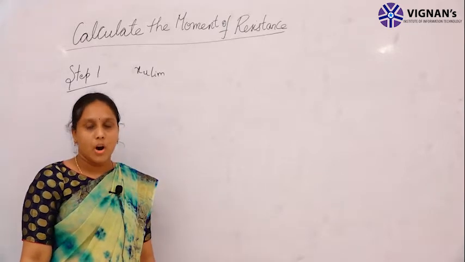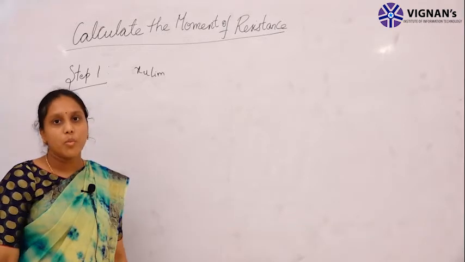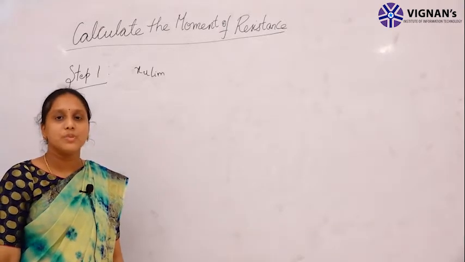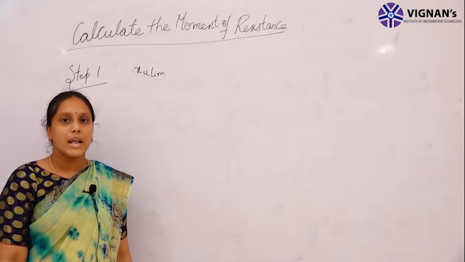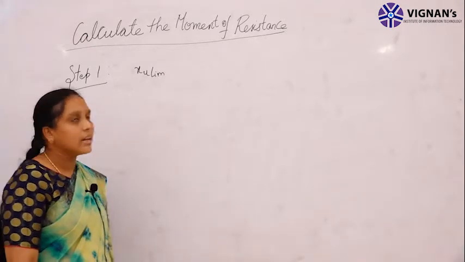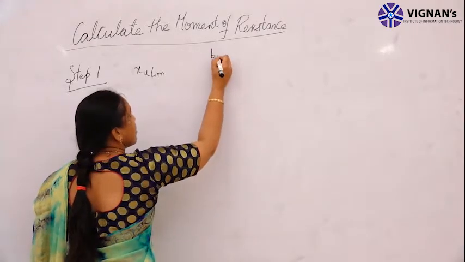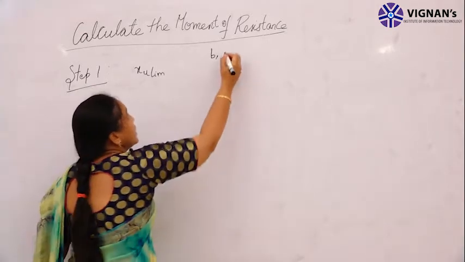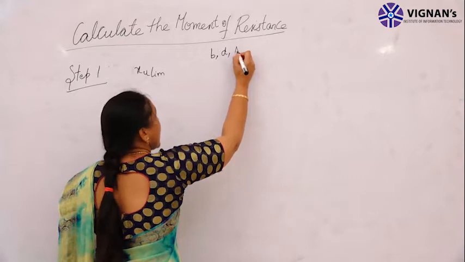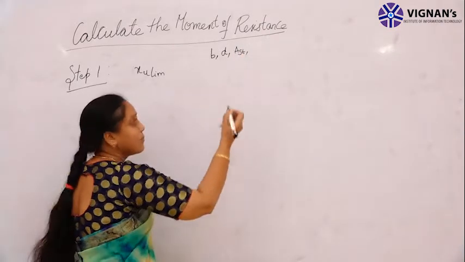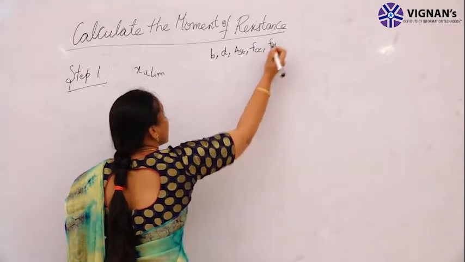Calculating the moment of resistance is a problem based on analysis, and in an analysis all the data will be given: the breadth of the beam, the depth of the beam, the area of steel, the grade of concrete, and also the grade of steel.